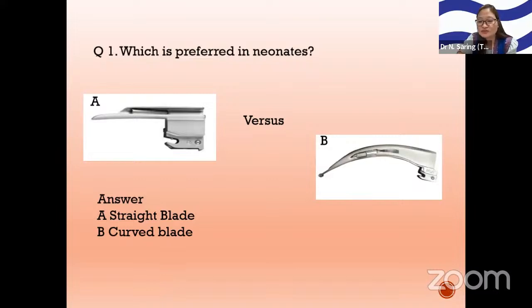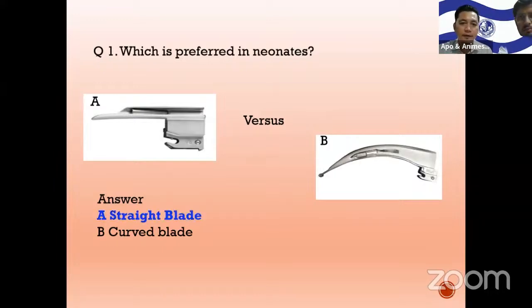Now I'd like to ask both of you, as well as the presenter and the audience who are present here, which one will you choose? And for a neonate, I'll choose a straight blade for direct laryngoscopy.